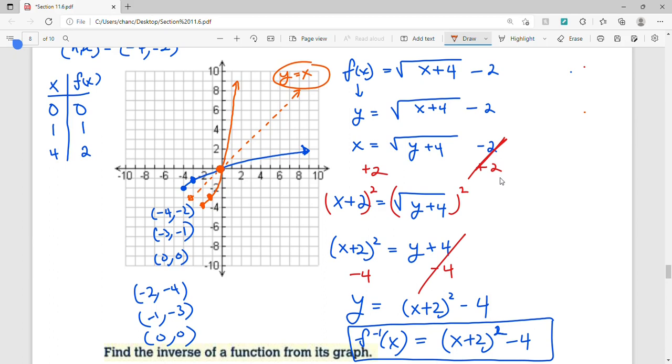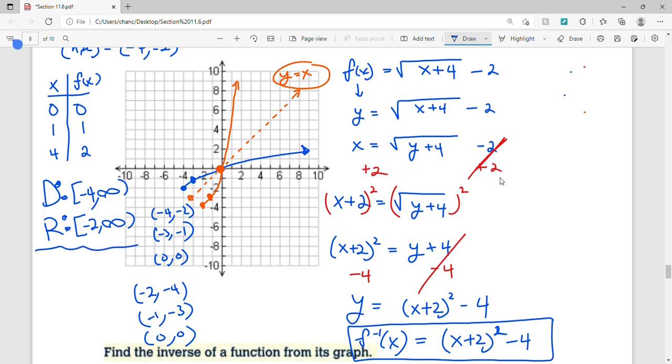Now let's look at the domain for the original function. The domain for the original function, the blue function, goes to the left to negative 4 and to the right forever. The range for the original function goes down to negative 2 and up forever.